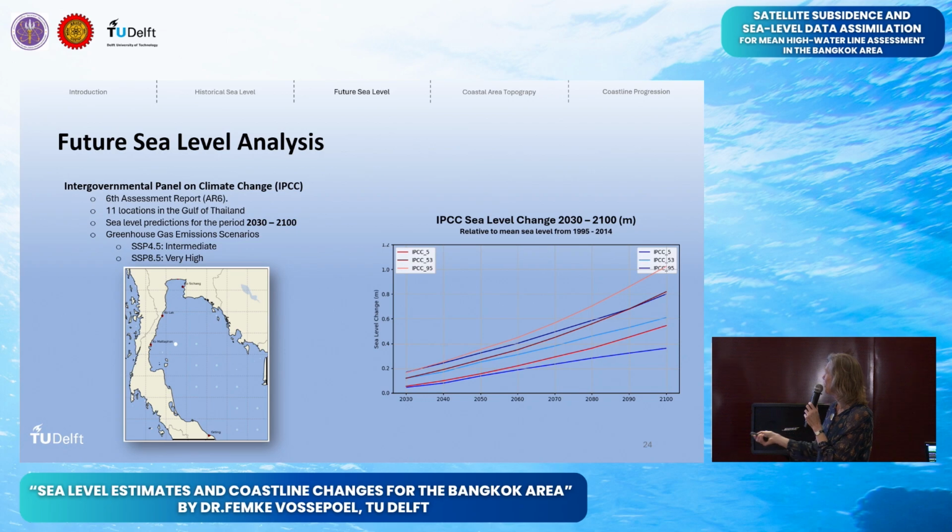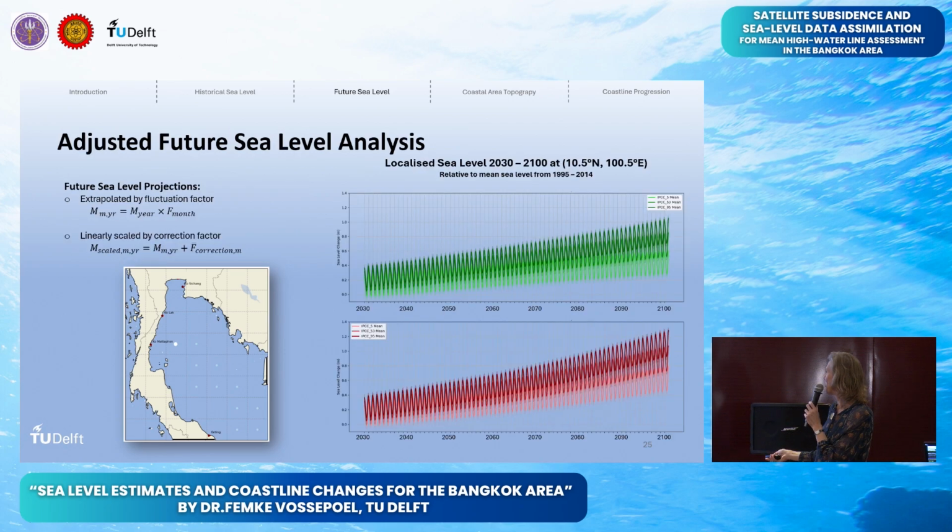And then he looked again at those 11 locations in the Gulf of Thailand, and for this point that he has been looking at before, you see that when you use those analyses that he had with the annual cycle, we see different projections over time, but both of them clearly go up.